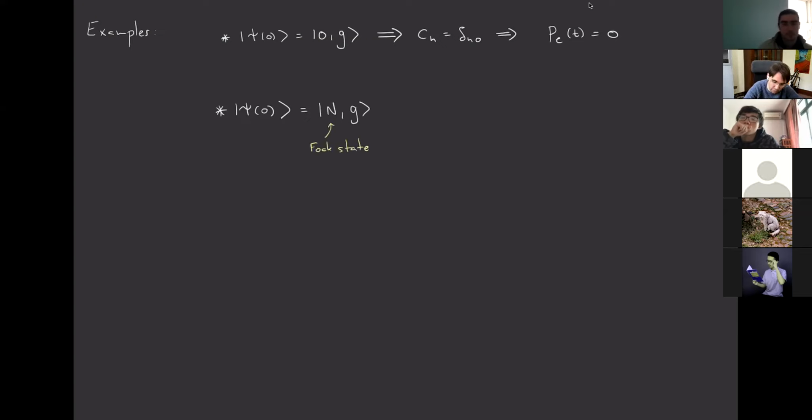If we do this, then this means that the coefficients Cn are all 0 except for the one of the photon number that we are considering, capital N. And this means that the probability of the atom being excited becomes this simple thing here.